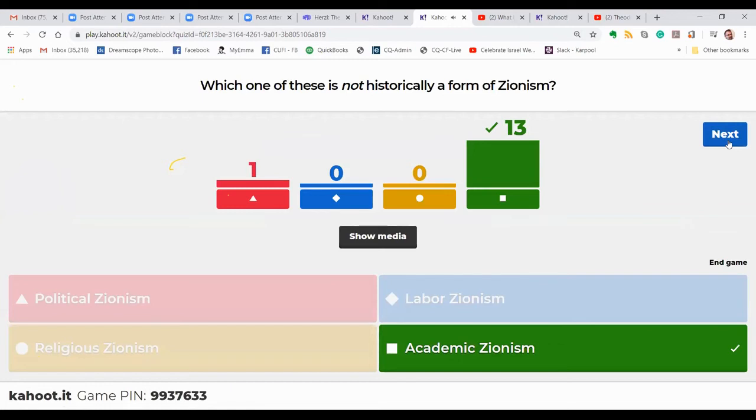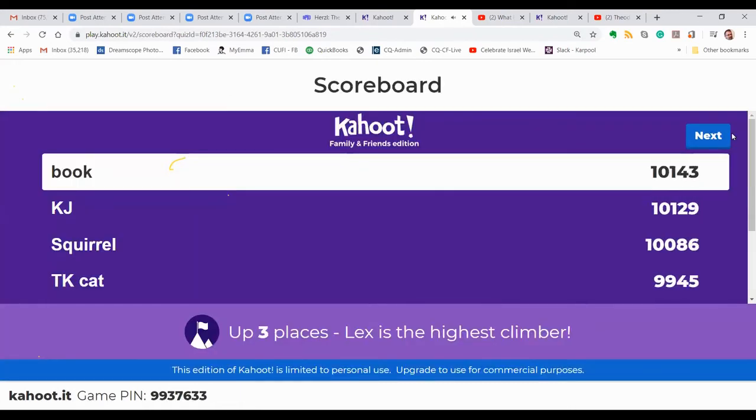That was the right answer. All the others actually were: there was a labor Zionism, there was a political Zionism, there was a religious Zionism, but there wasn't an academic Zionism. Let's see how the standing is now. Didn't change, still good, very tight there. Every few seconds will make the difference.